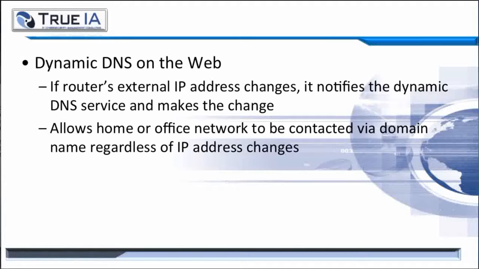This way, if the router's external IP address changes, this often happens with ISP providers that do not give you a permanent IP address, but rather hand them out by DHCP, it notifies the dynamic DNS server, and then it makes the updated change. This allows your home or office network to be connected via a domain name, regardless of your actual IP address changing.